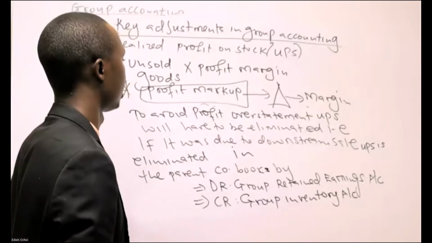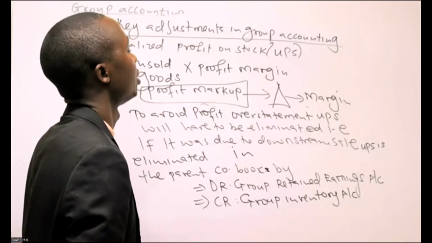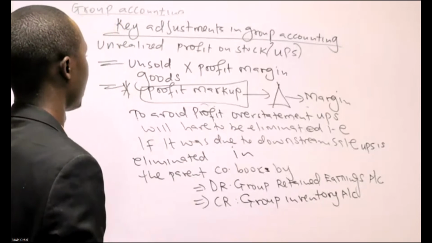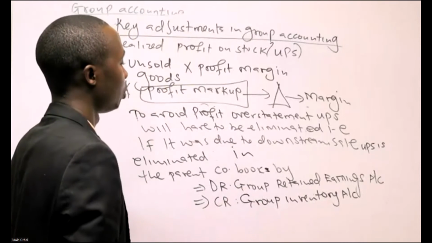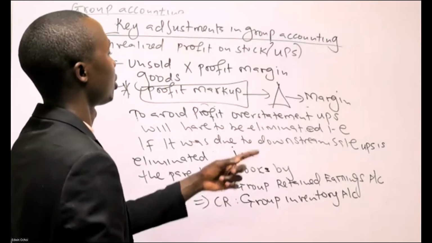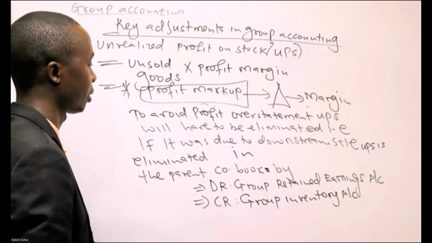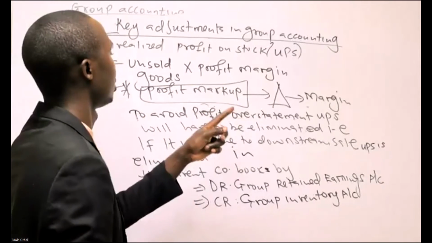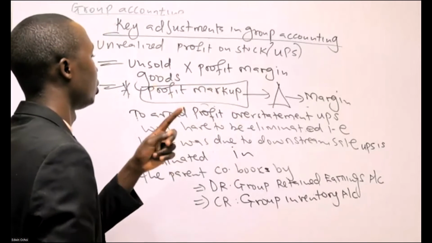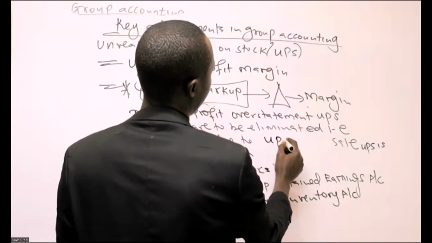Vice versa is true for upstream sale. But now we cannot just say that. We have to write something, because there's something I have to introduce under these accounts to be adjusted. There must be an aspect of NCI, the non-controlling interest, which must be affected. So to avoid profit overstatement, UPS will be eliminated if it was due to upstream sale.